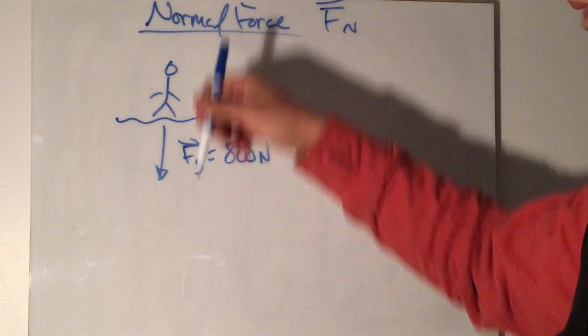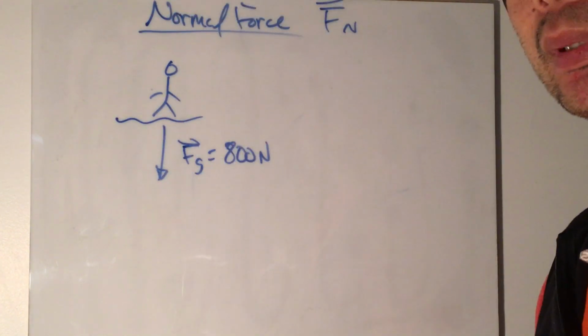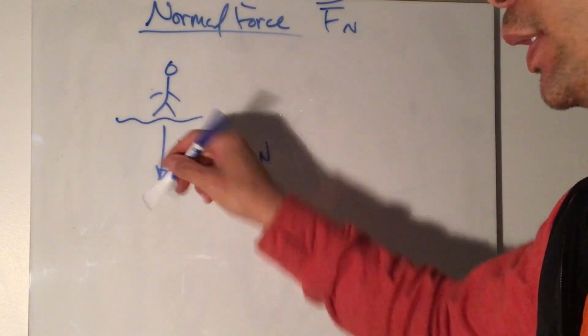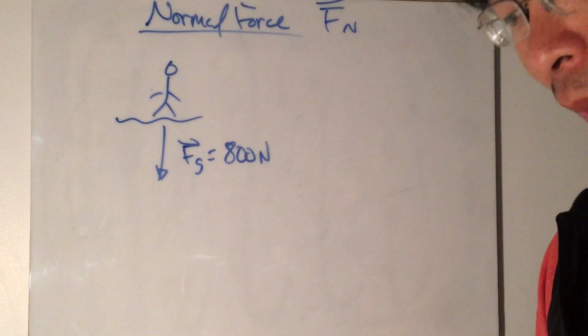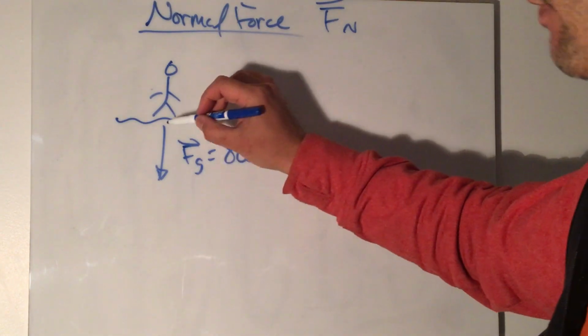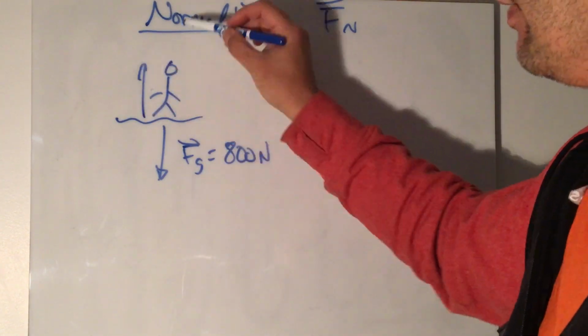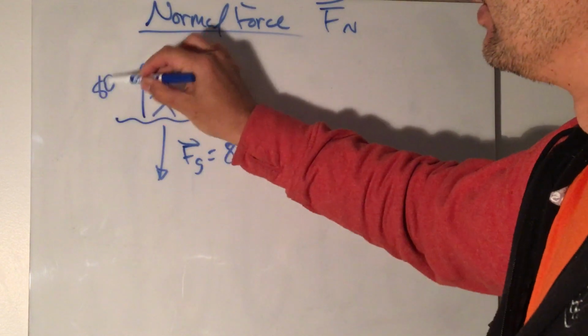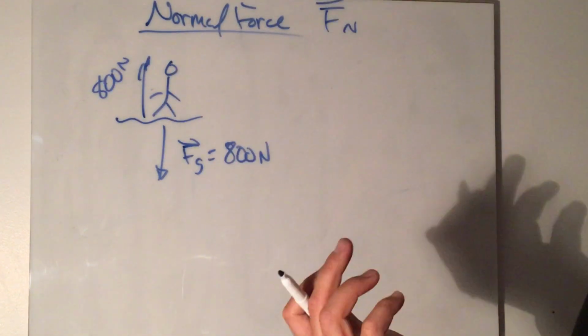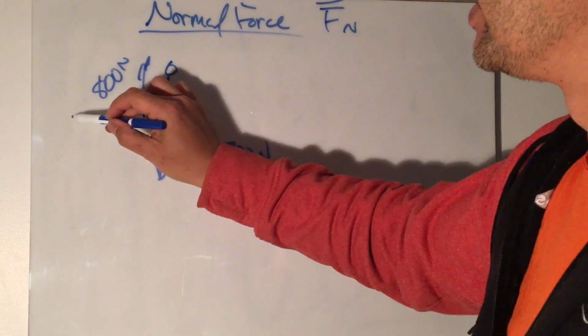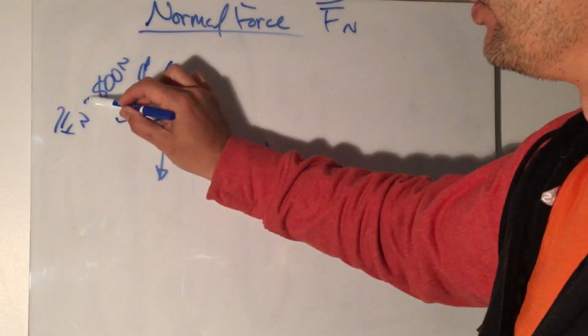Okay, the earth is pulling down 800 newtons, so I'm standing right here. If I only have one force pulling down, I should be sinking, as we were talking. I should be getting lower and lower and lower into the ground. But I'm not, because the ground itself is exerting a force of 800 newtons upwards at my feet, keeping me upright. That force is called the normal force.